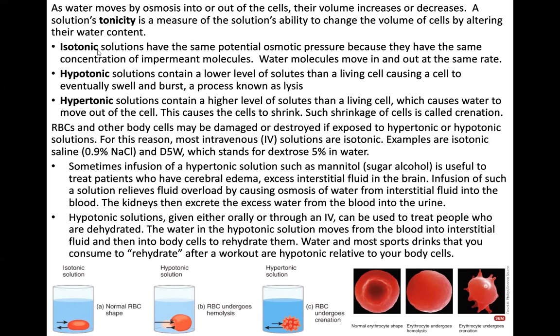An isotonic solution can be described as having the same potential osmotic pressure because they have the same concentration of impermeable molecules, which results in water moving in and out at the same rate. And that's what we illustrate with this figure on the bottom left. Whichever solution we're talking about, isotonic, hypertonic, hypotonic, it's the fluid in the jar.